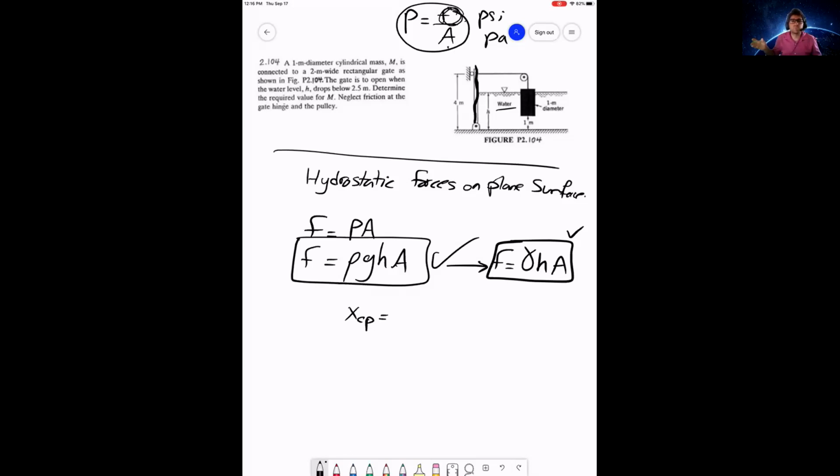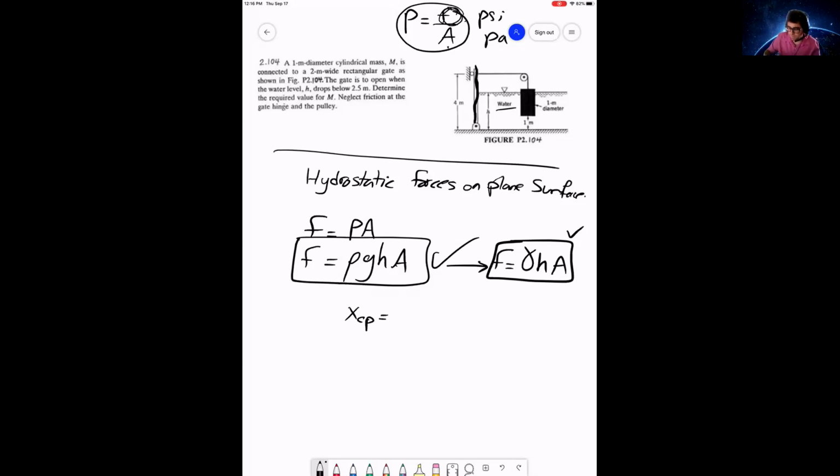You can combine all the forces applied to the body at one single location, the center of gravity. So for pressure, center of pressure is the same thing, the same meaning. But it's not located at the center of gravity. It's off from the center of gravity.